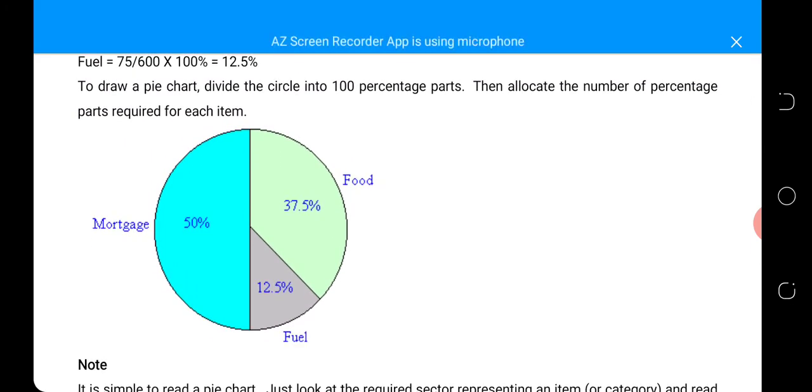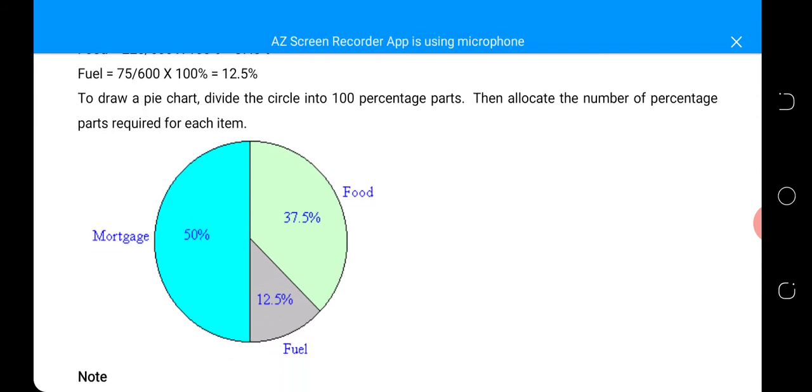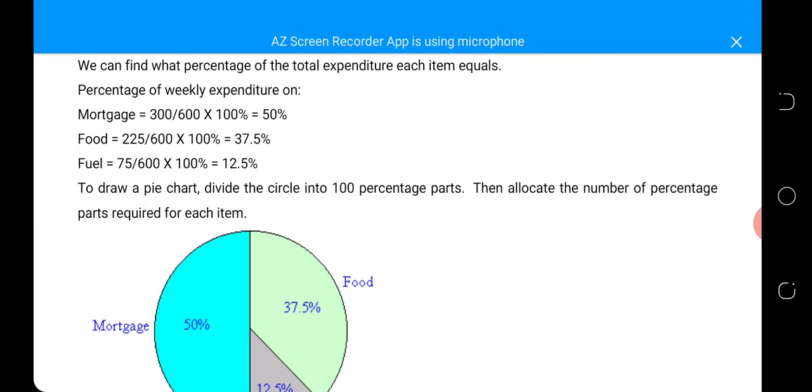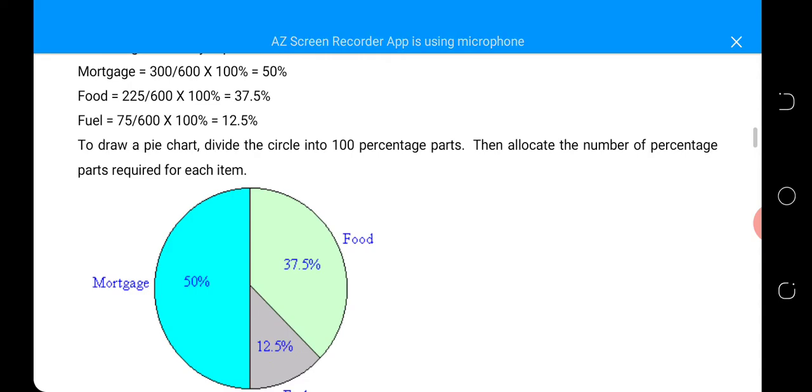A pie chart can also be drawn using the fraction of the sectorial angle allocated to each item. For example, 300 naira was spent weekly on mortgage.